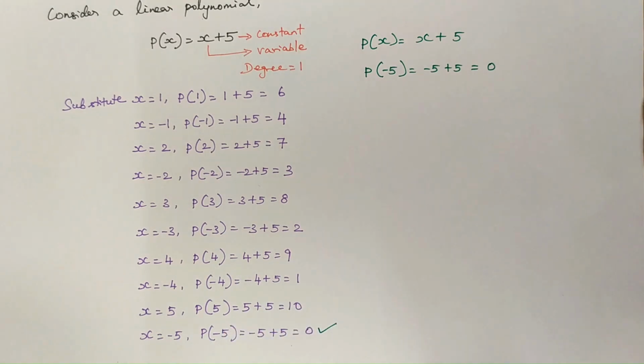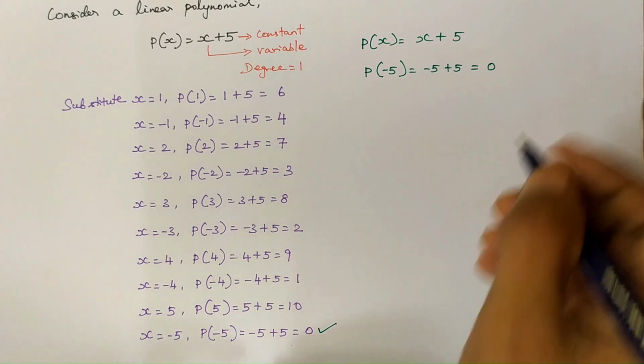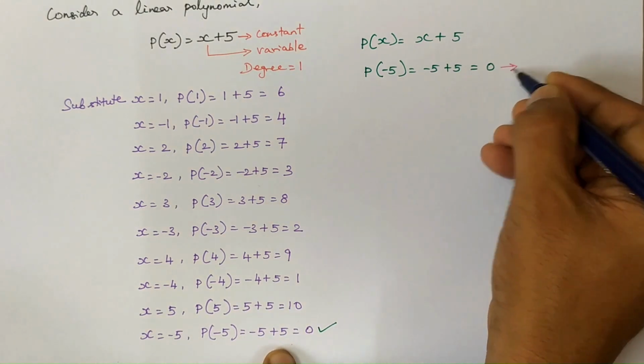This particular point is called the zero of the polynomial.